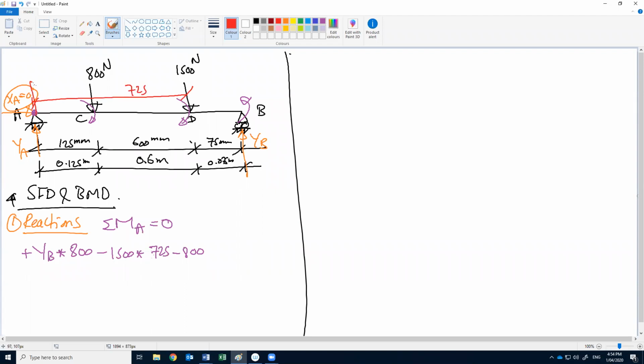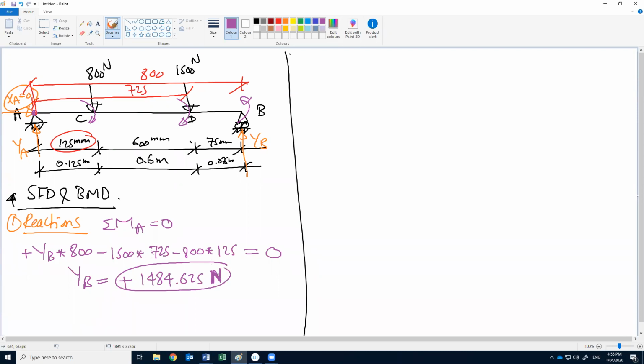The distance here is 725, the distance here 800, and the distance here is 125. So the last force is 800 by 125. All of this should be 0. So YB will be positive 1484.625 Newton.